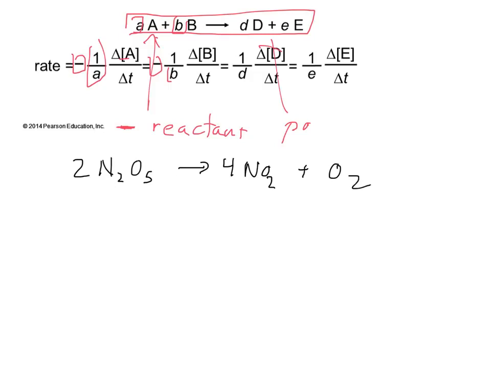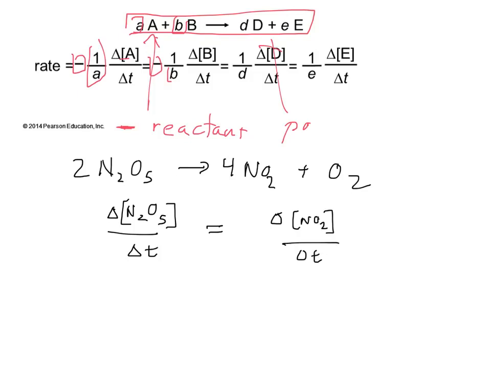If I wanted to relate the rates of all the products and the reactants together, I'm going to write their individual rates. I shouldn't use the term rate equation. That means something else. I write their individual rates here, symbolically.